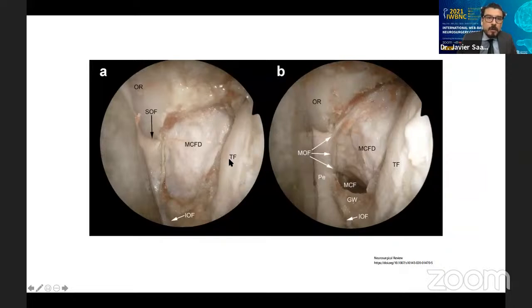It's very useful to drill the lateral wall of the orbit here, and you will find that it's not really temporal bone, but temporal fascia. You will find that very useful because it gives you more room for your tools. It's easier to handle your surgical tools if you drill the lateral wall of the orbit.